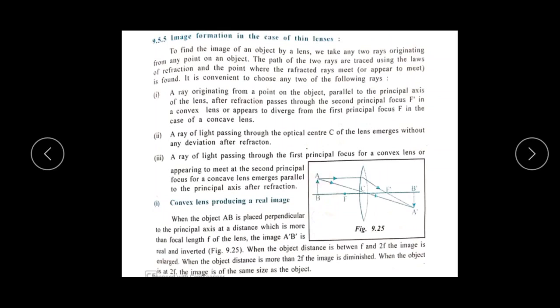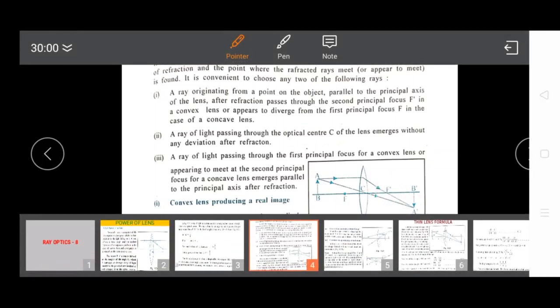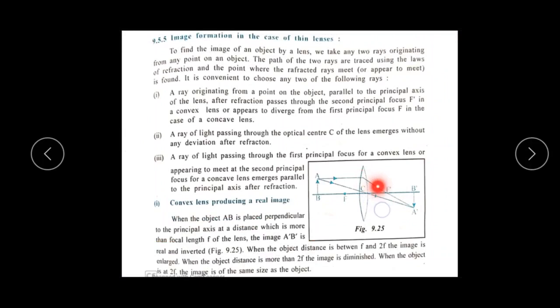See here, of those two rays, one ray is parallel to the principal axis, and after refraction it passes through the second principal focus. F dash is the second principal focus, and this ray passes through the second principal focus F dash in the convex lens, or diverges from the first principal focus in case of a concave lens.